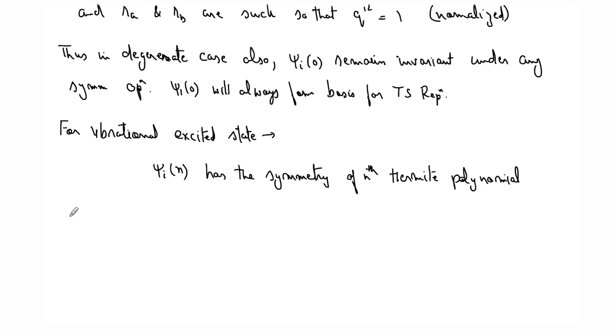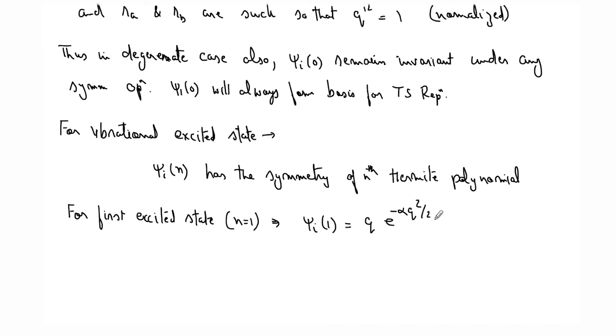So for first excited state, we have n equal to 1. So psi i 1 can now be written as q e to the power minus alpha q square divided by 2, right? So this q is coming from the Hermite polynomial after solving for n equal to 1.